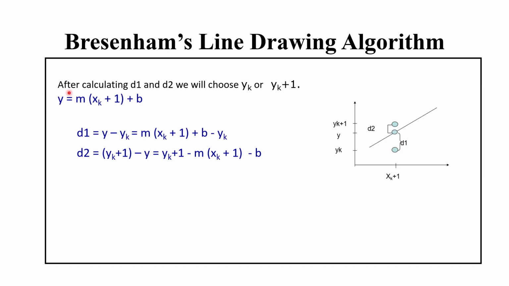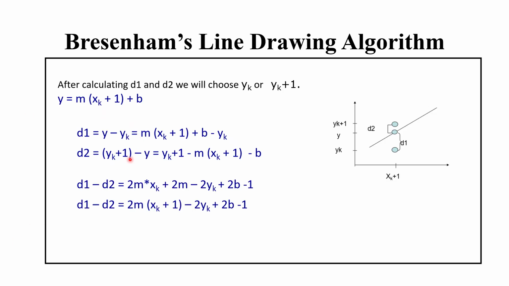Substituting the value of y in these two equations, we get this expression: m into xk plus 1 plus b minus yk, and yk plus 1 minus m into xk plus 1 minus b. So next, I need to find the difference between d1 and d2. When I find the difference between d1 and d2, it will be resolved, and the final equation formulated will be like this.